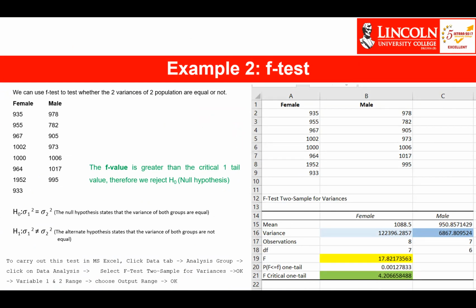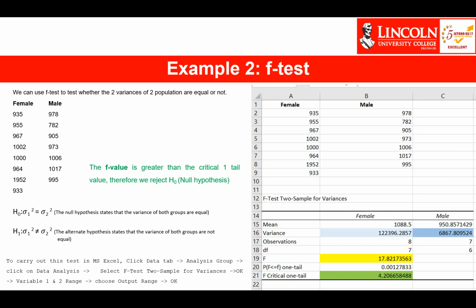The null hypothesis for the F-test always states that the variances of both groups are equal, while the alternate hypothesis always states that both groups have different variances.